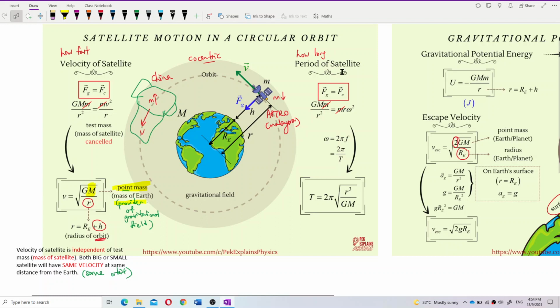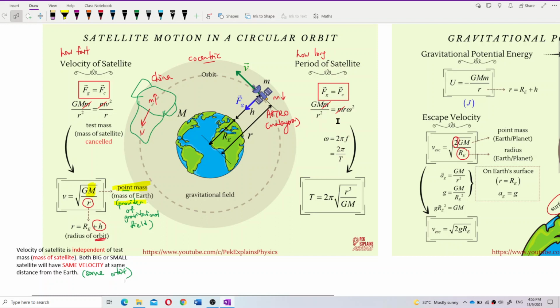Okay, enough. So now let's go on to the period of satellite. How long does the satellite take to move around the Earth? We also use the concept of centripetal force. The gravitational force equals the centripetal force, because it's the gravitational force that provides the centripetal force for the satellite to revolve around the Earth. Gravitational force is GMm over r squared.